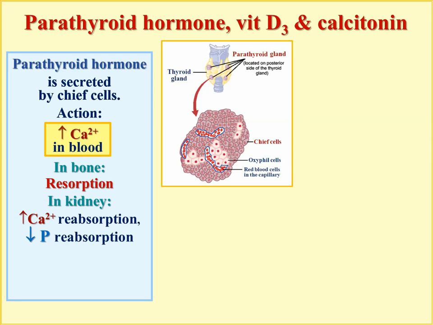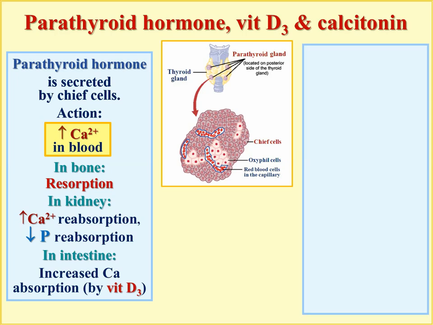Also, it stimulates loss of phosphate. P here stands for phosphate. Then, in intestine, not directly but through stimulation of formation of vitamin D3, it increases calcium absorption. So here it's supported by vitamin D3, but parathyroid hormone is also necessary.